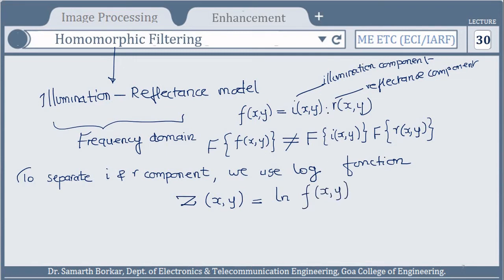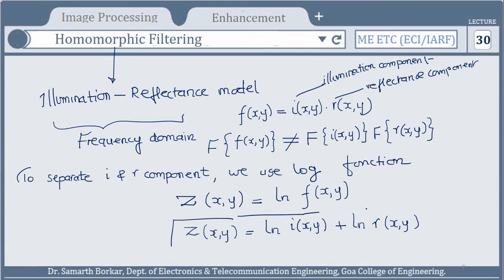Since it is a multiplication here, in terms of logarithmic function it will be an addition. So I can write this as z of x comma y equals ln I of x comma y plus natural log r of x comma y. Now this is the preliminary all important equation.